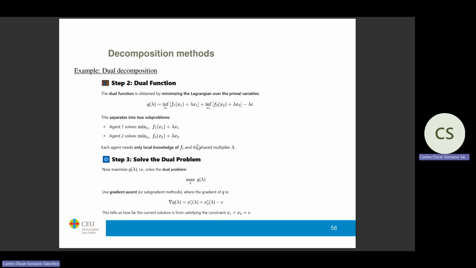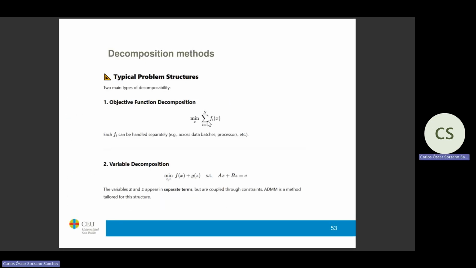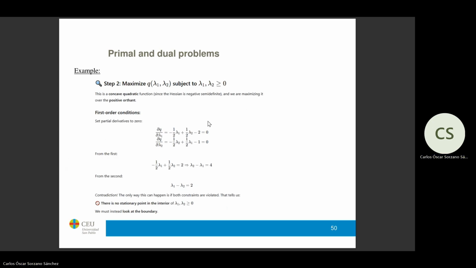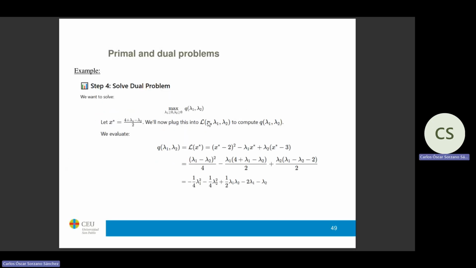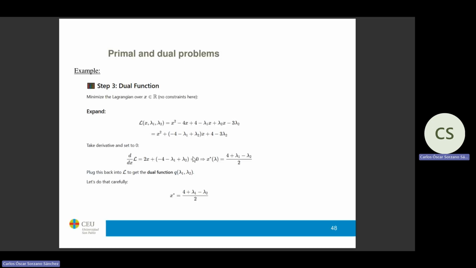We had an example in which each one of the dual functions, given lambdas, gives the best x1, and the other agent, given lambda, gives the best x2.